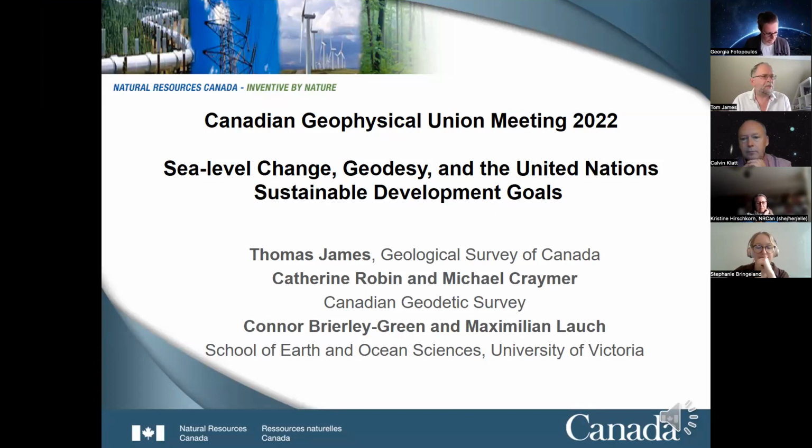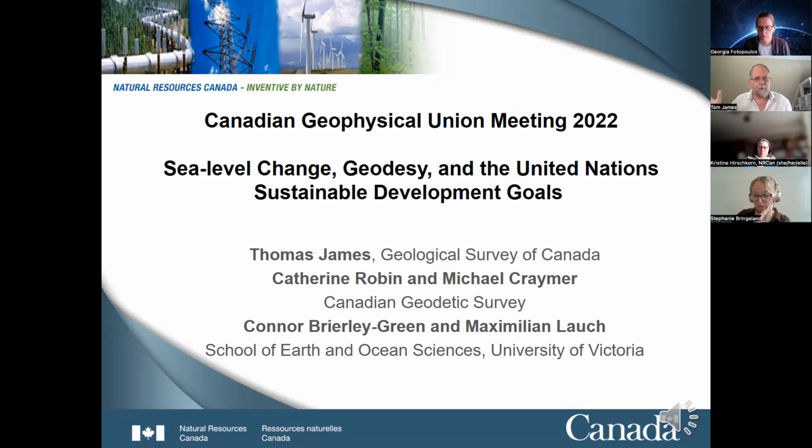My name is Tom James. I'm a scientist with the Geological Survey of Canada, and I'm working with some people from the Canadian Geodetic Survey and also my grad students, Connor Brierly Green and Max Lauch. What I want to talk about today is sea level change as one component of the bigger problem of climate change and how geodesy contributes to that.